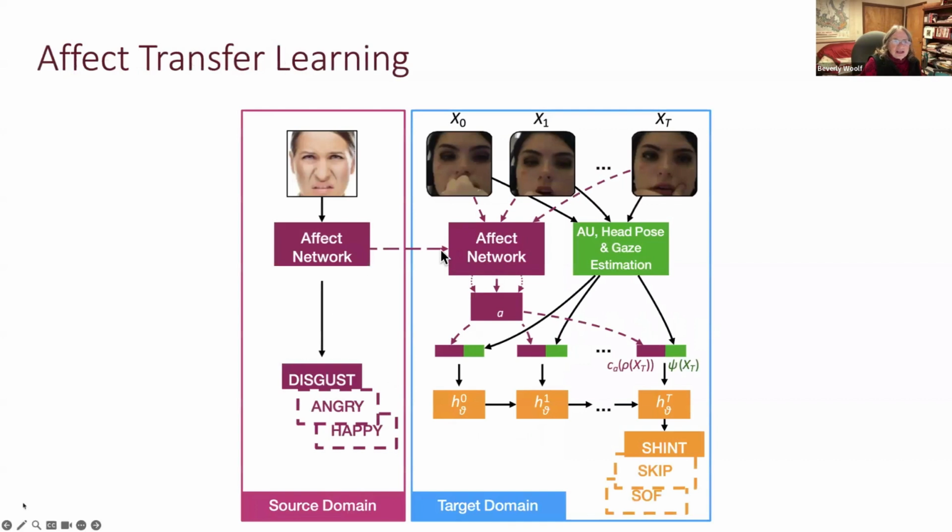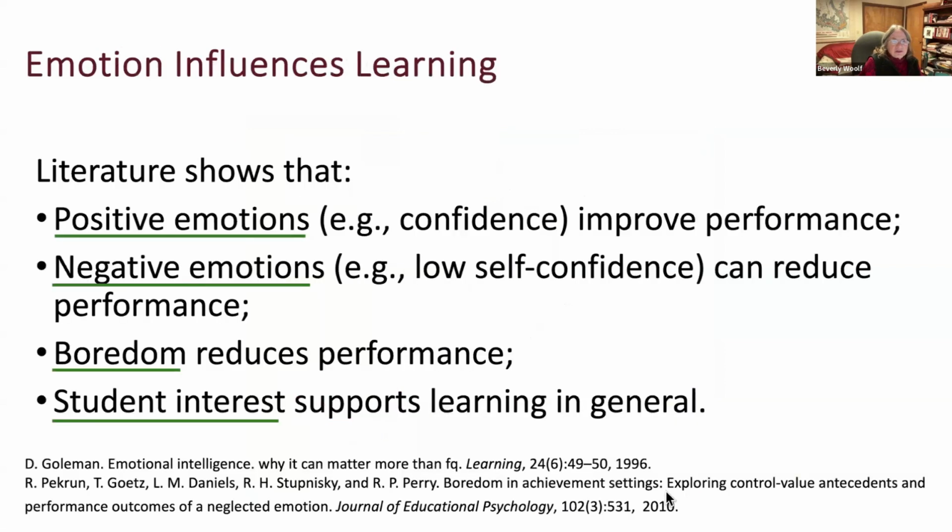And in brief, we look at the affect network, as I said, a large network of already understood or labeled folks. And then we do our action units, our head pose, a gaze estimate, and then we come out with a prediction. It's that he asks for a hint, or he's going to skip, or he's going to solve on first. And I'll show you the kind of results we're getting to do that.